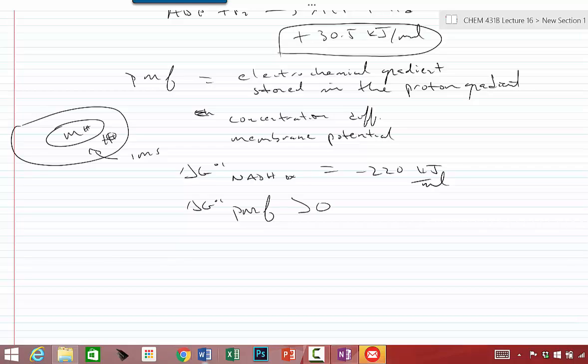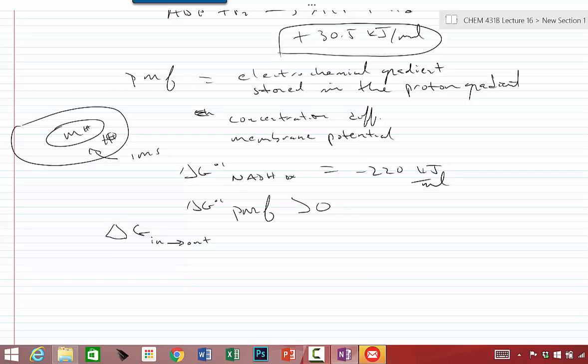Okay, so here's an equation that is important. So here's delta G, and I'm going to write this very carefully, in to out. So that's going from protons on the inside of the matrix to protons on the outside of the matrix.